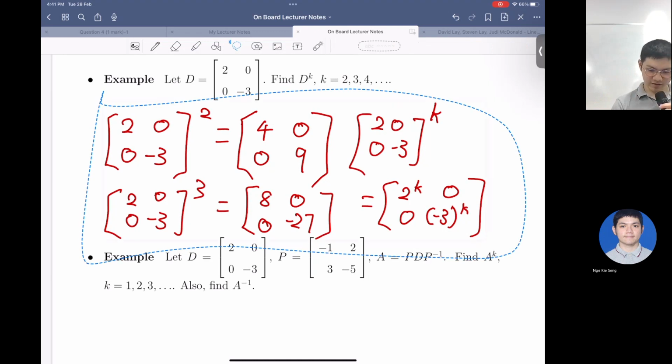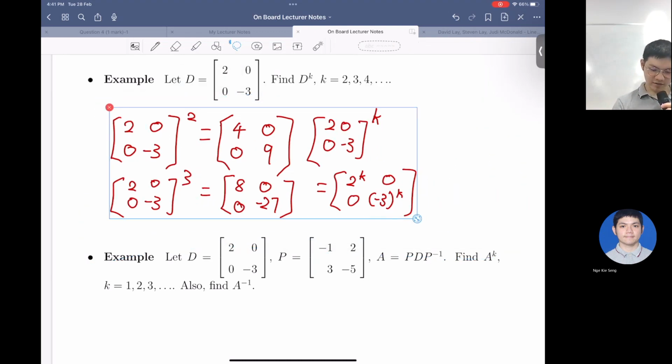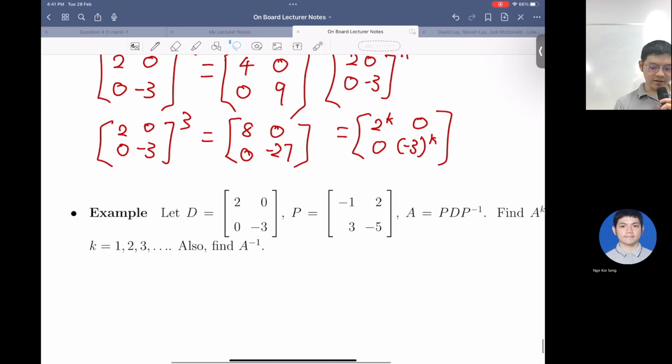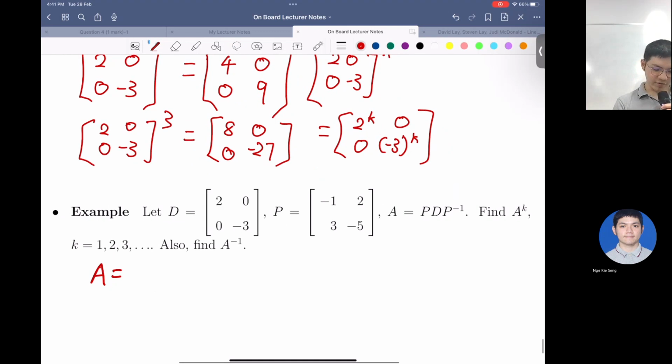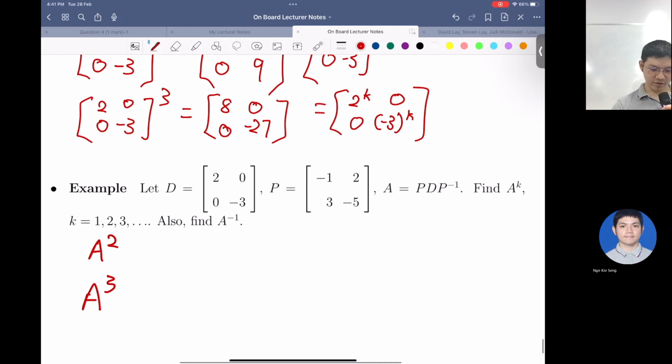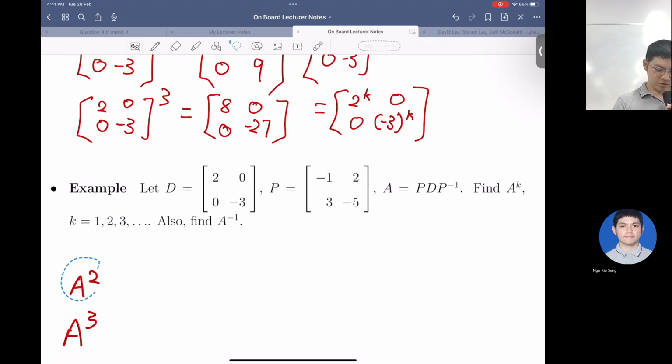You make this one smaller. So how about this one? D is a diagonal matrix. P is something weird. And then we let A be this guy here. I'll let you try for 5 minutes. Try and compute A squared and A cubed.